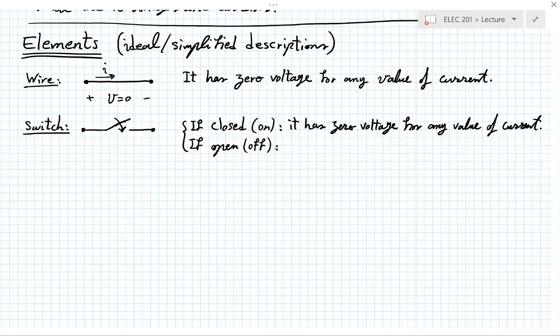But you need circumstances that make that happen. So in a regular switch, you don't want that to happen because something is going horribly wrong if the switch is open and there is still a current, right? You say something is arcing, something is wrong. Okay, so in an ideal and simplified picture, if a switch is open, it has 0 current.